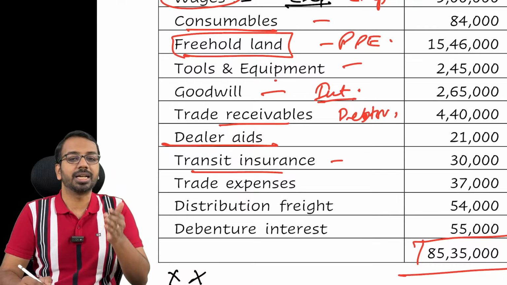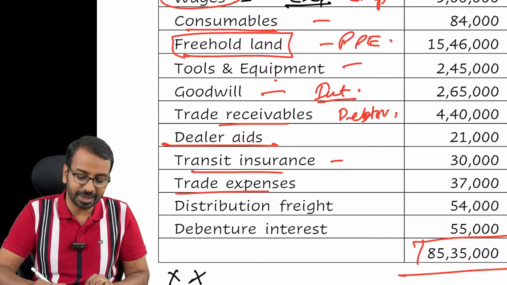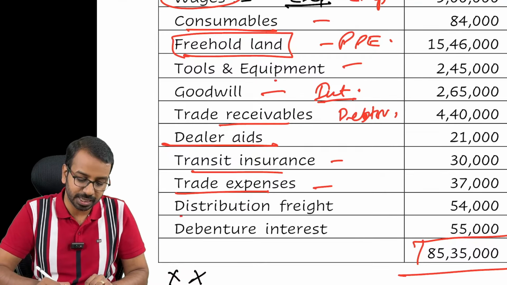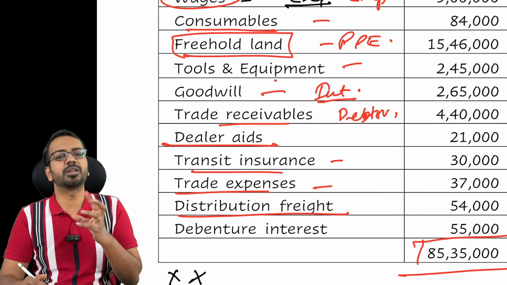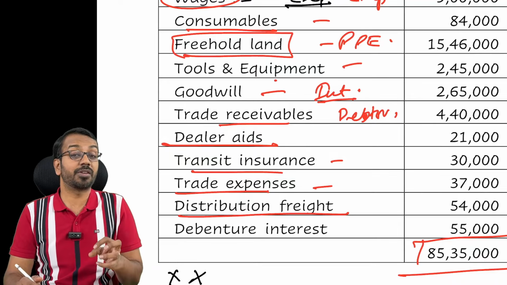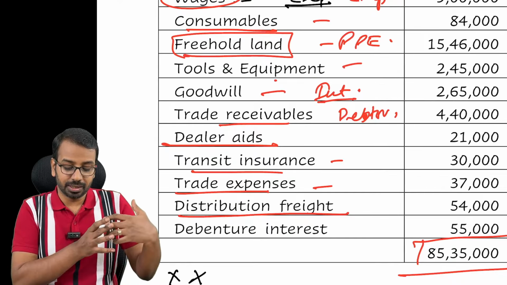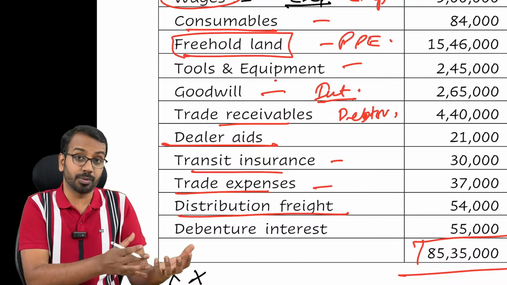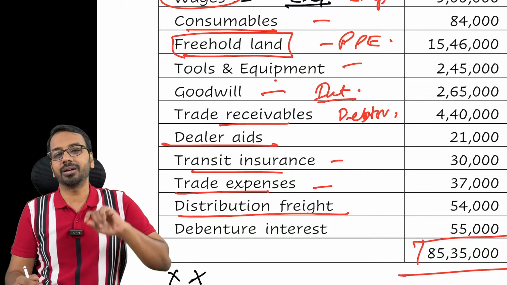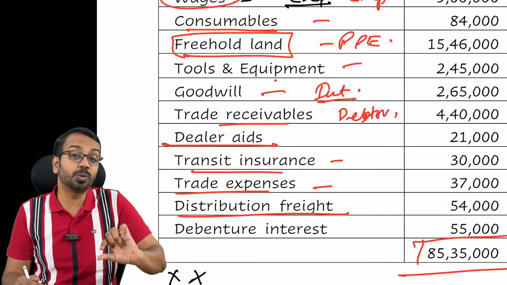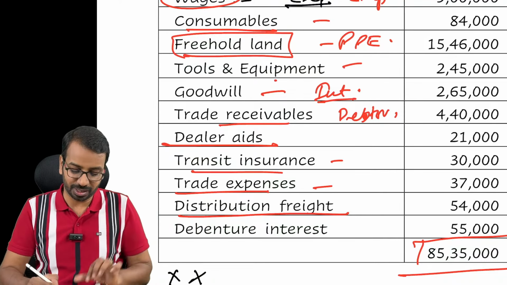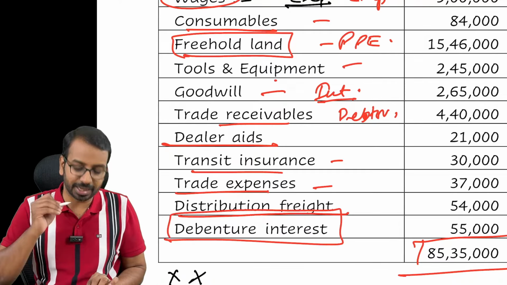Transit insurance, insurance expenses. Trade expenses are also expenses. Distribution freight. Distribution freight means what? Whenever we have dispatched goods supplied to customers or to dealers, we have incurred freight. Basically, outward freight expenses. So that we'll consider.